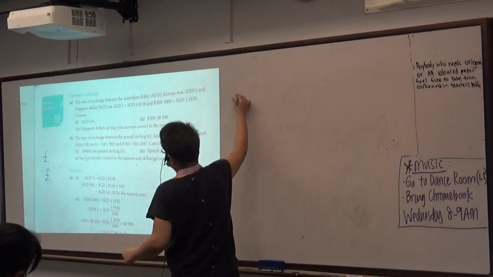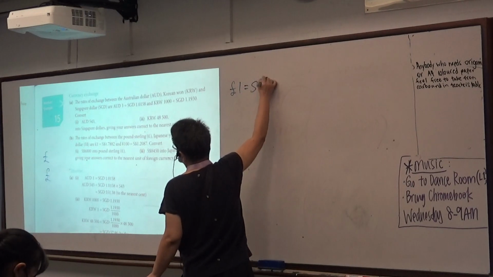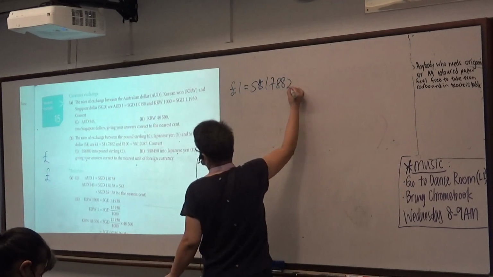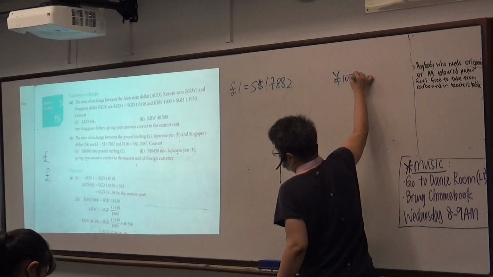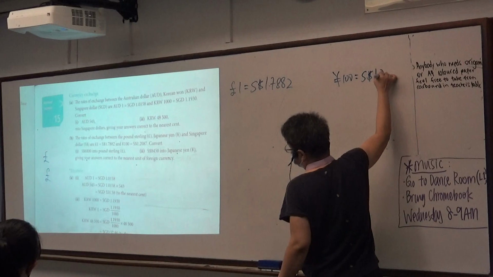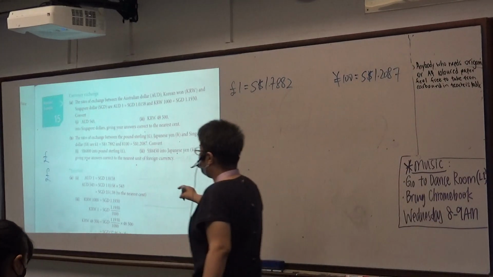Let's write down the conversion rate first. 1 pound is Singapore dollar 1.782 and 100 yen is Singapore dollar 1.2087. Okay?